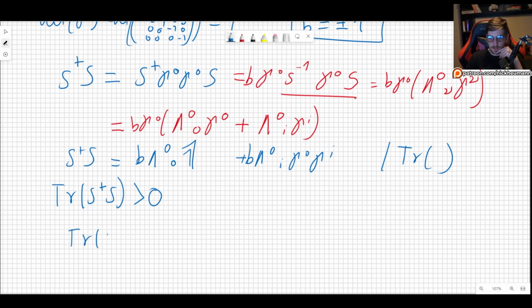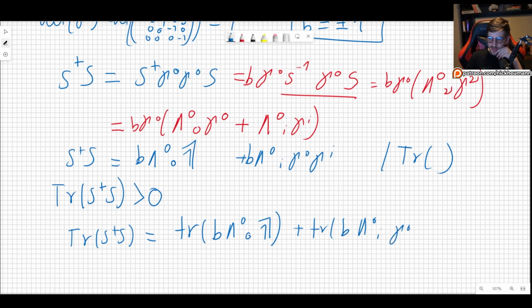Okay, so now going back to the equation, we have S dagger S, and then the trace of, you can just split it up into each element of the sum. So we have a trace of B lambda 0 0 times the unity matrix, plus the trace of B lambda 0 i, gamma 0, gamma i. So now we can just take out the numbers, right? It's a scalar, you can take it out.